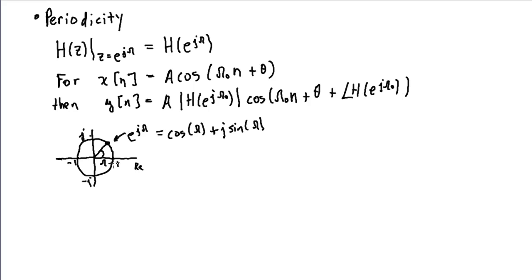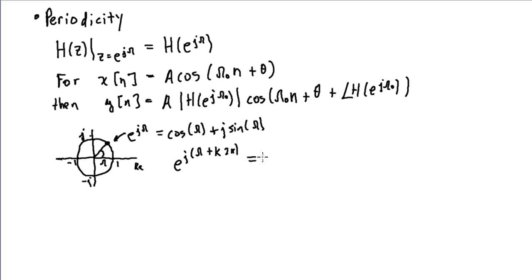But you can see, either geometrically from e to the j omega being a point on the unit circle, or equivalently just by evaluating, if omega increases by an integer multiple of 2 pi, that would just wrap us around. If k is equal to 1, a 2 pi radian advance would bring us back to the same point on the unit circle. K equal to 2, that would be 2 revolutions, but again we're back to the same point.